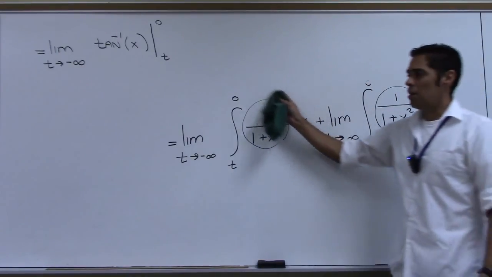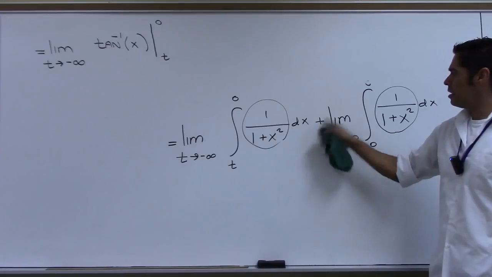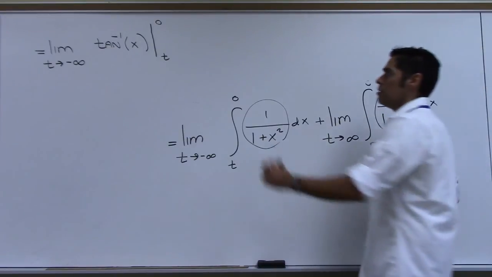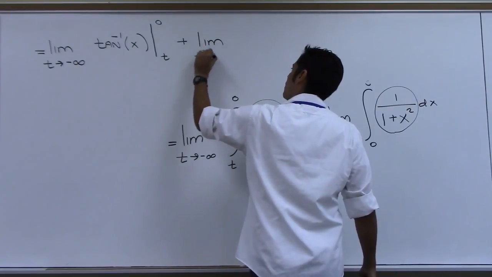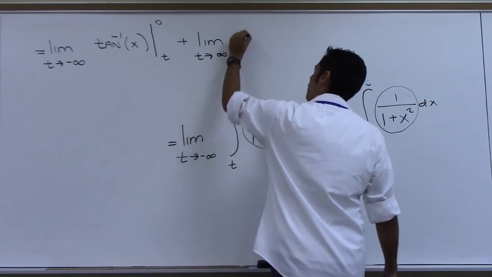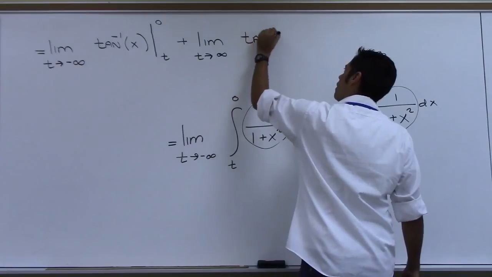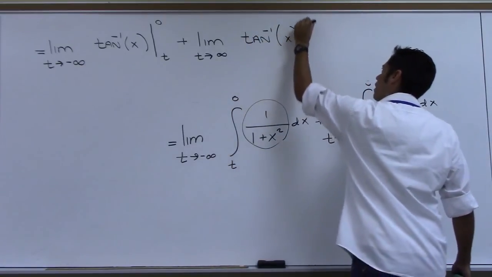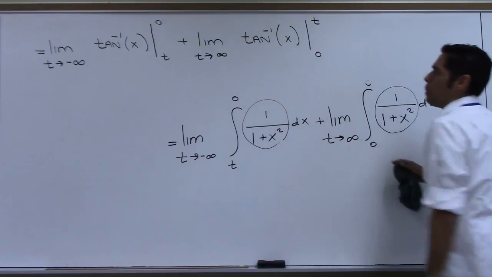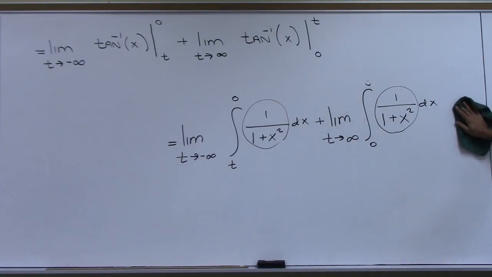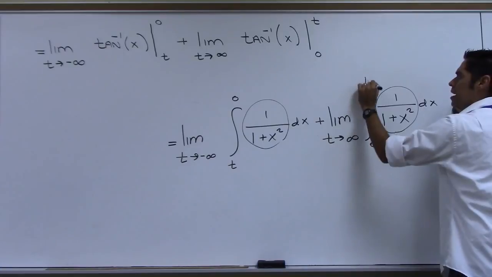So I've done this integral, and now I do plus, and then this integral. So plus limit t goes to positive infinity of the arctangent of x evaluated from 0 to t. And that's the setup.